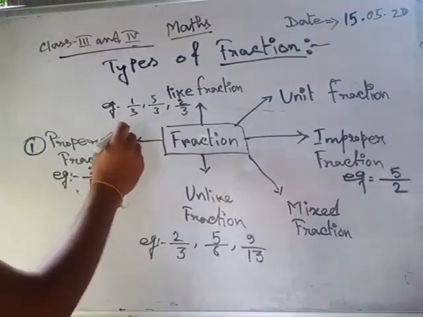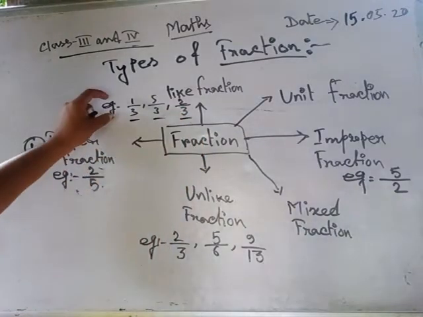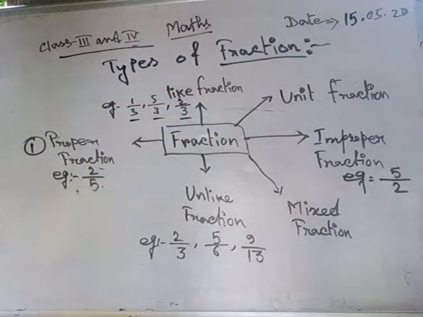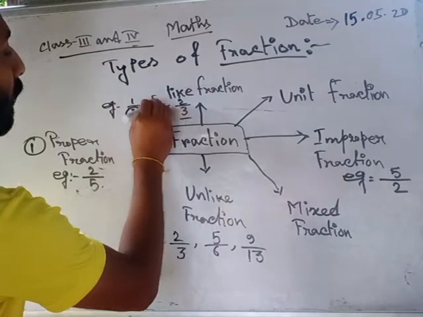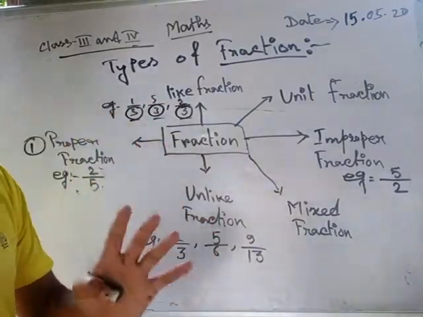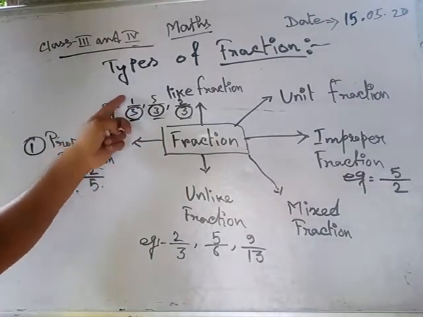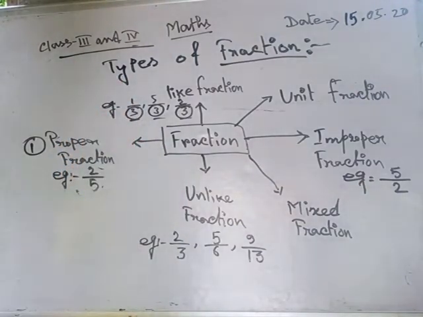Like fraction: when the denominators are the same, these fractions are called like fractions. Mind it, which one is the denominator? The lower portion of the fraction is called the denominator, and the upper portion is called the numerator.